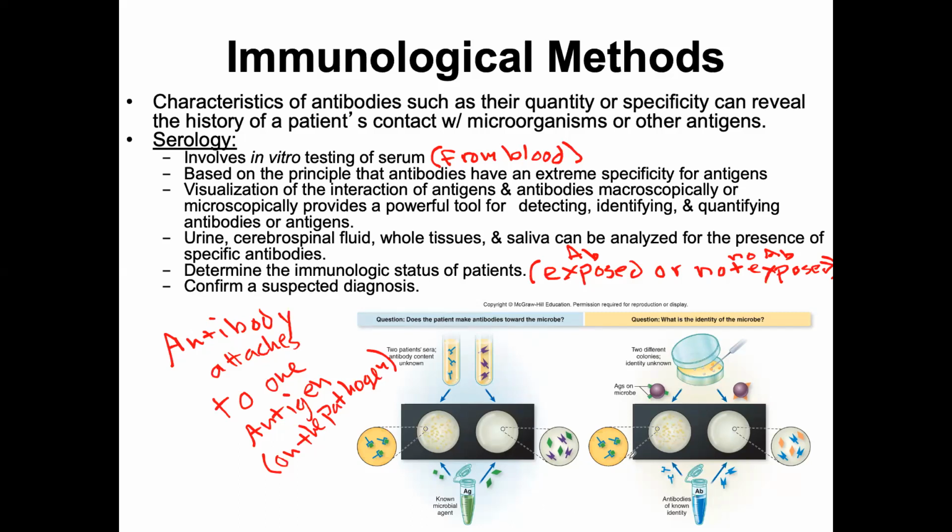All right. Okay. You can also ask the question, what is the identity of a particular microbe, right? And so you can have antigens that are on the surface of the pathogen, and then you can have antibodies against all these different types of antigens, right?